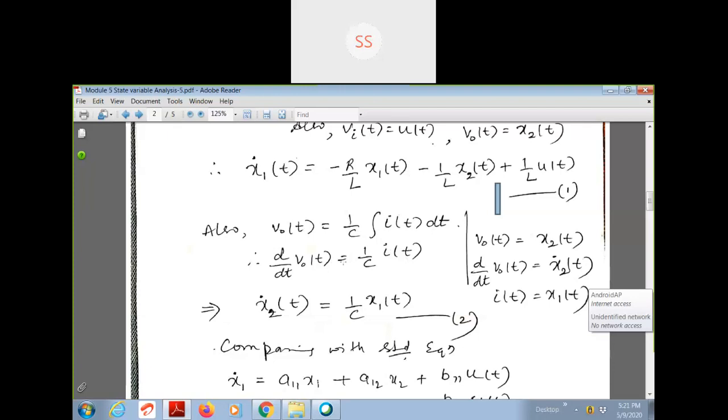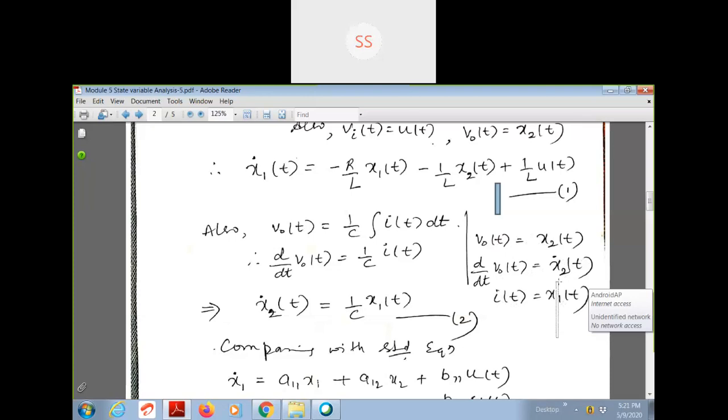So v naught of t is our second state variable, that is x2 of t, and we will replace wherever v naught of t is there by x2 of t. Similarly, d by dt of v naught of t can be written as x2 dot of t, and the I of t term is already known, it is the first state variable x1 of t.